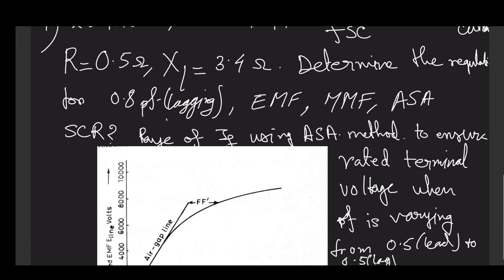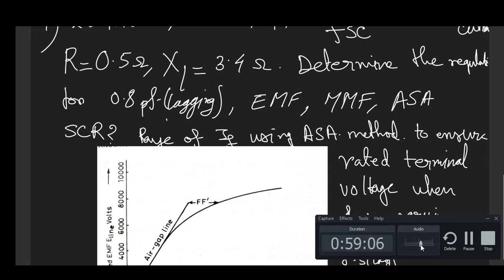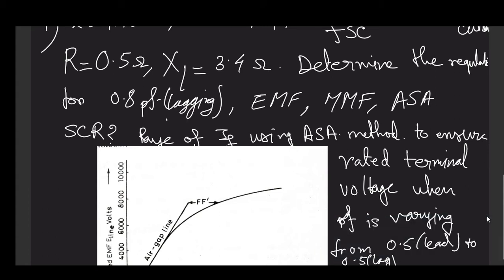I am going to discuss it soon, once we get a clear picture of MMF method. Otherwise the discussion of ASA method won't make much sense, right? So once we discuss the MMF method and solve a problem on it, then you will be able to get more on ASA method.